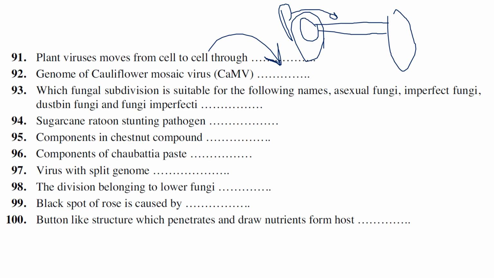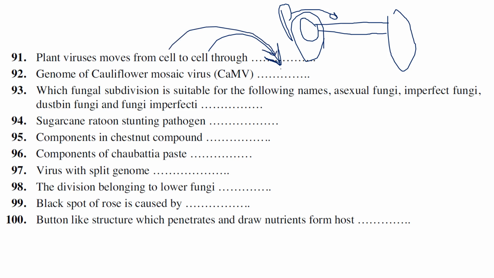Plasmodesmata is smaller than plant viruses, but the virus manages to go through by producing movement protein. This movement protein facilitates the movement through the plasmodesmata. So the answer is movement from cell to cell through plasmodesmata. It's a very important one.